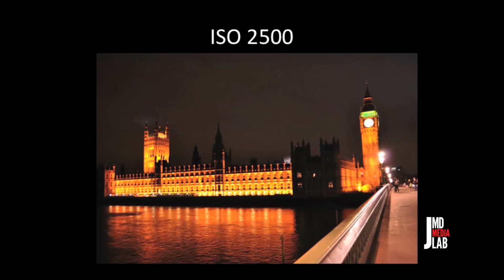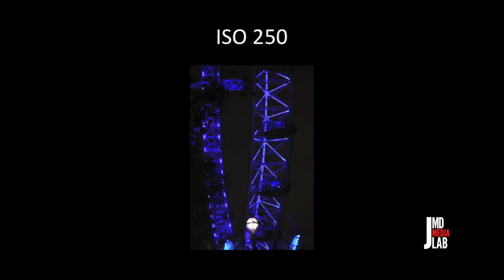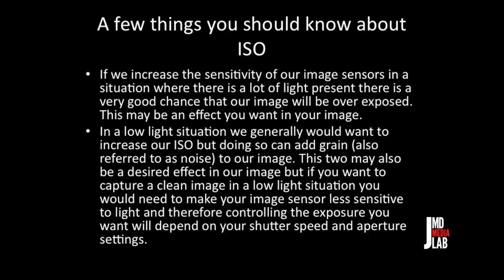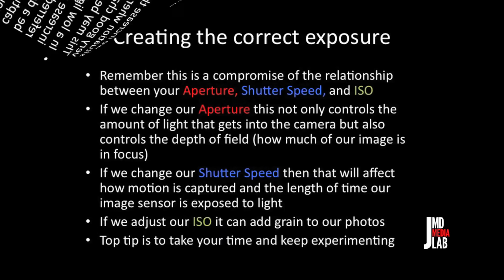You might want that deliberately in your image, but if you want to capture an image that is clean in a low light situation, you really want to reduce the sensitivity of your ISO and probably want to consider shooting on ISO 200 or 100. Therefore, to control the kind of exposure you want, you're going to have to be looking at your aperture and your shutter speed settings.